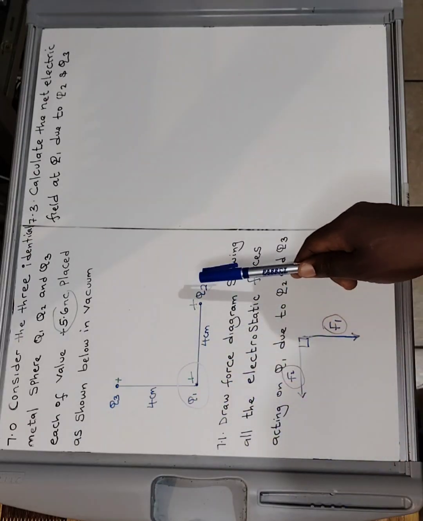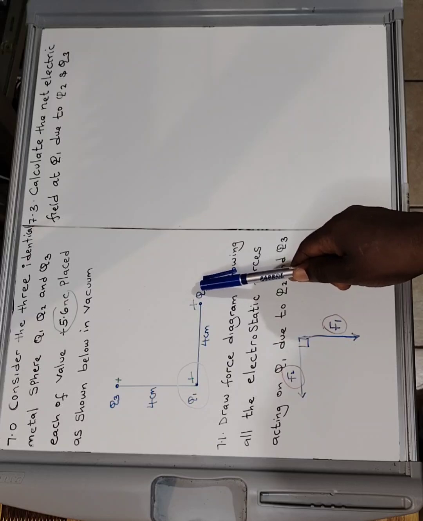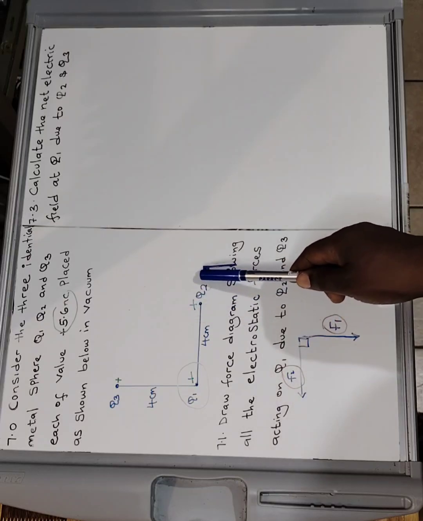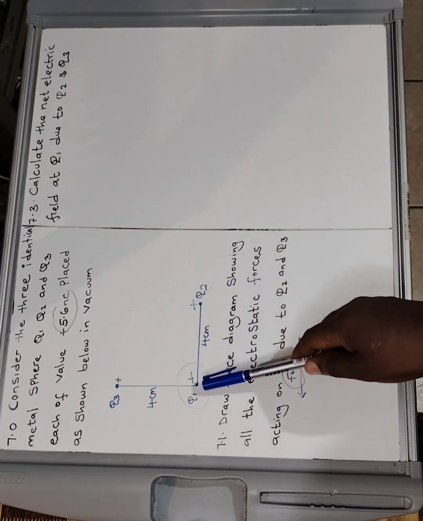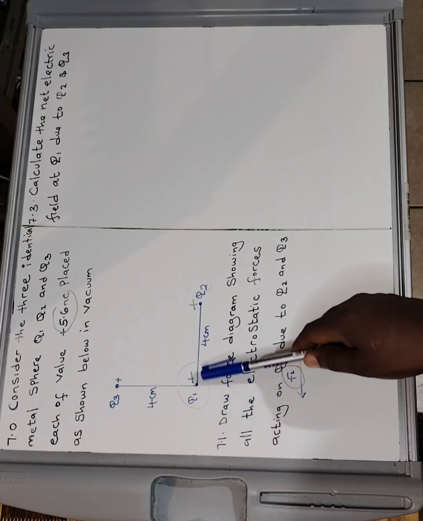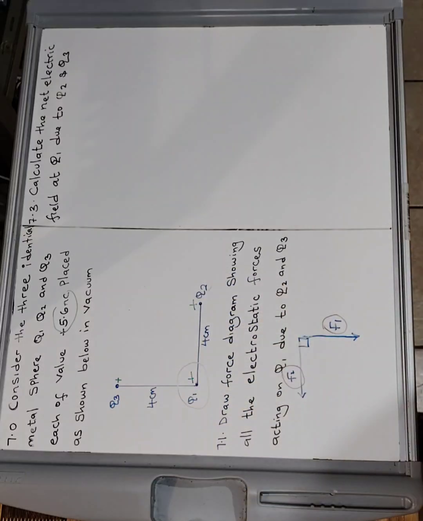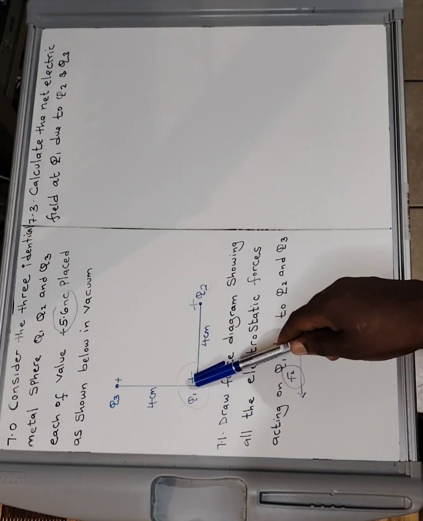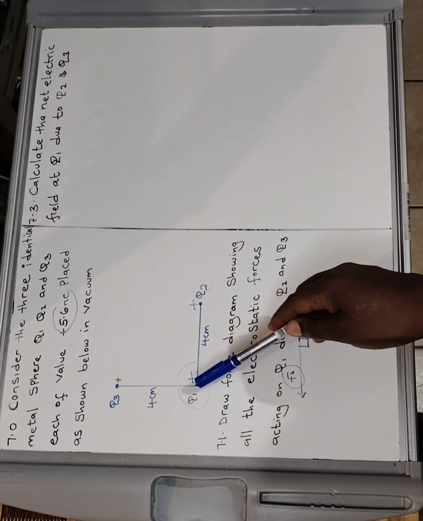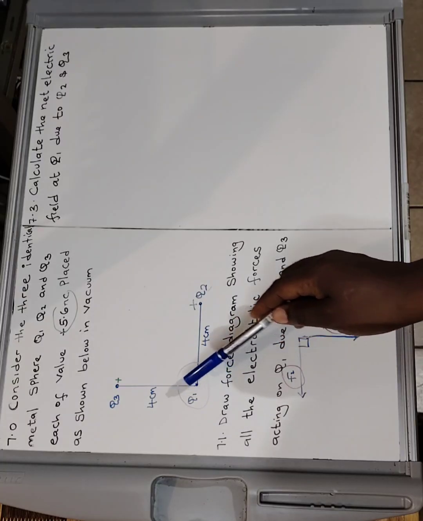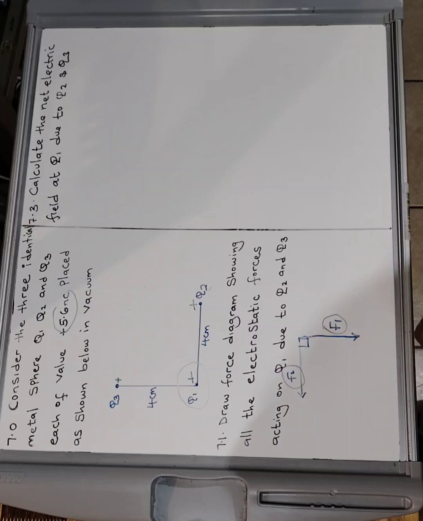So in other words, we are going to calculate the electric field at Q1 due to Q2, and we are going to calculate the electric field at this point due to Q3.